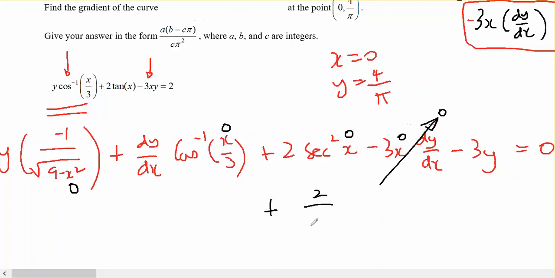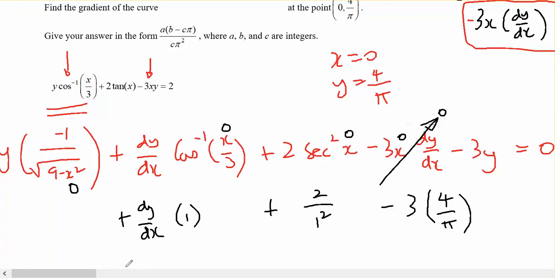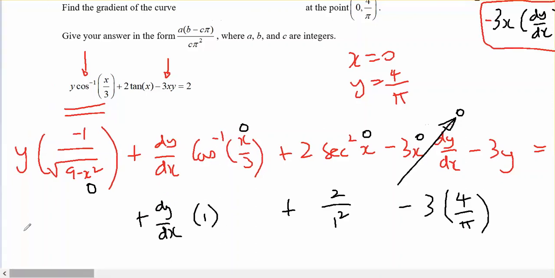Plus 2 on cos of 0 is 1, 1 squared is 2, minus 3 times 4 on pi, plus dy/dx, the inverse cosine of 0 is 1, plus 4 on pi times negative 1 on that 0, so root 9 is 3, all equals 0.